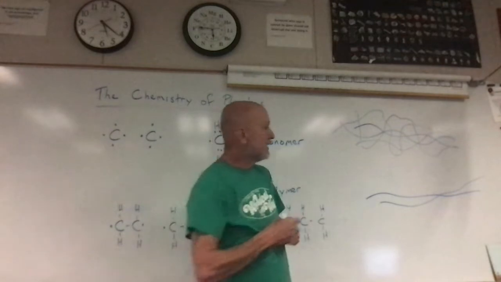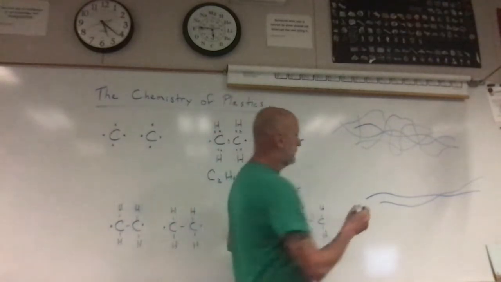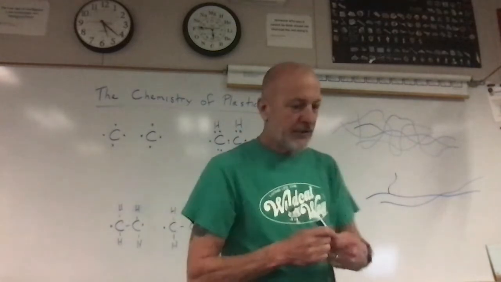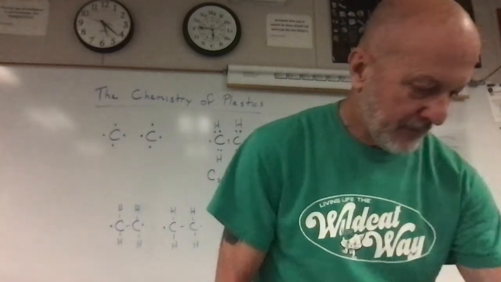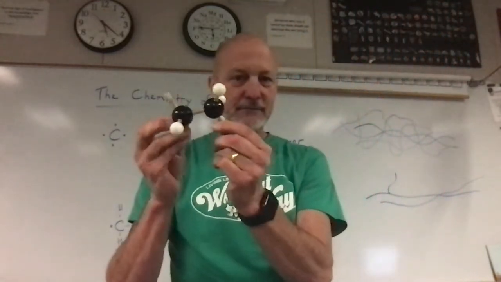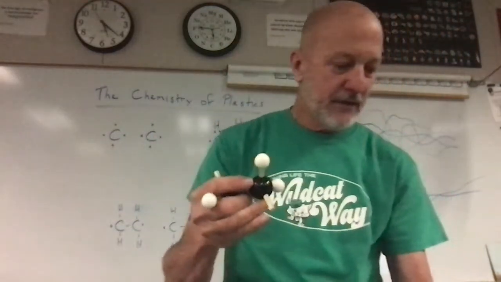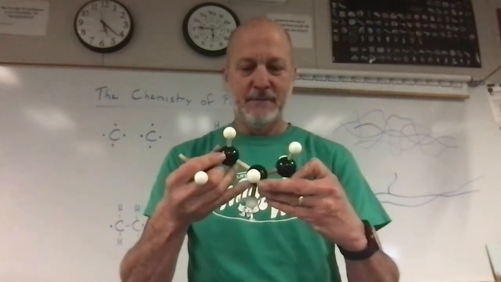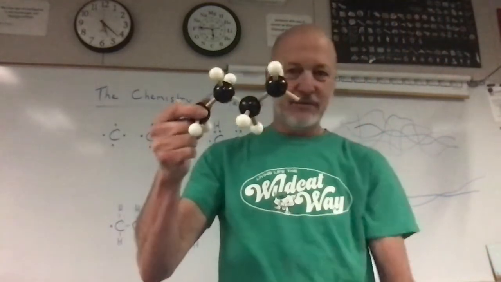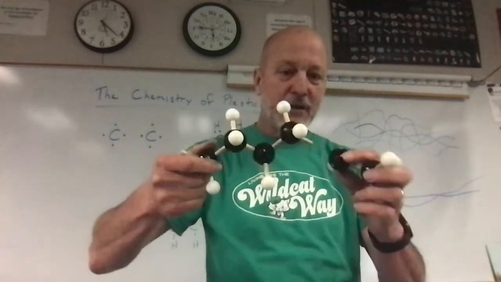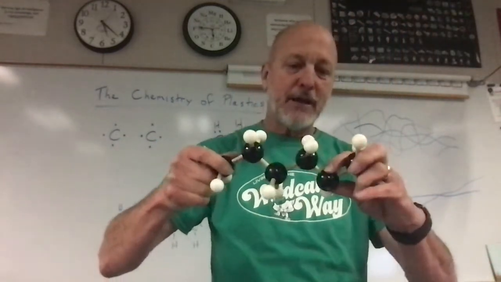Two different things I can do to make them less flexible. I can branch them. So here's my monomer. When I connect it to another monomer, I get this. And because carbon has that tetrahedral shape, it tends to form this zigzag pattern.